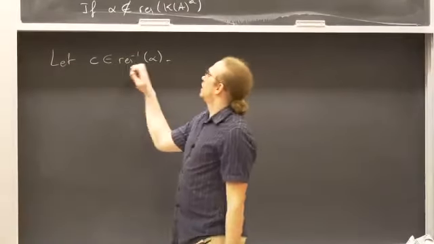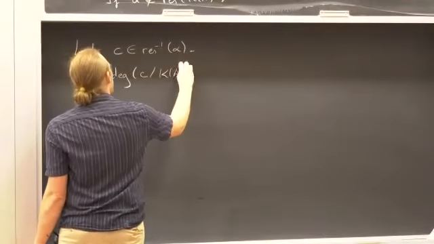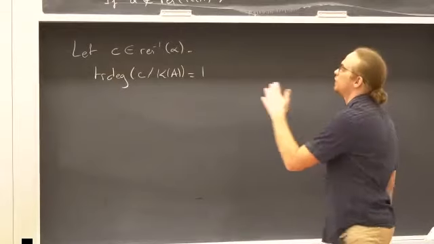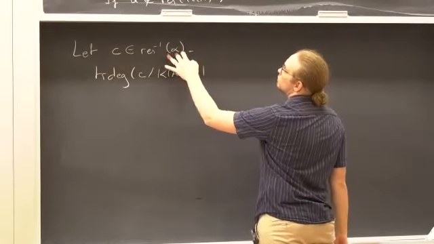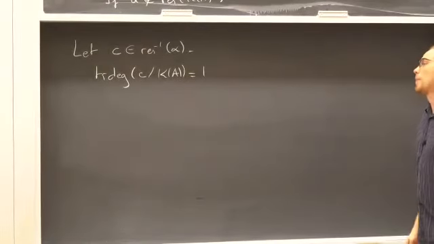We've shown that any lifting of alpha has to be transcendental. So the transcendence degree of C over Ka is 1, because if we lift a transcendental residue element, it can only be transcendental.